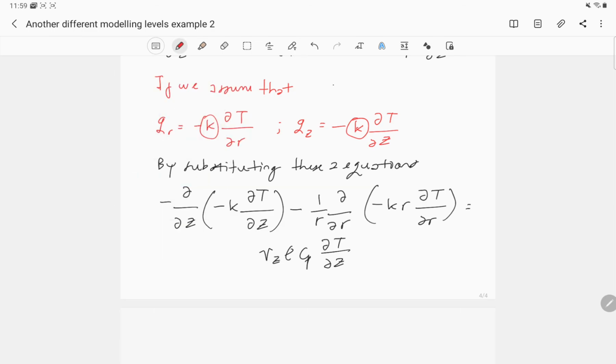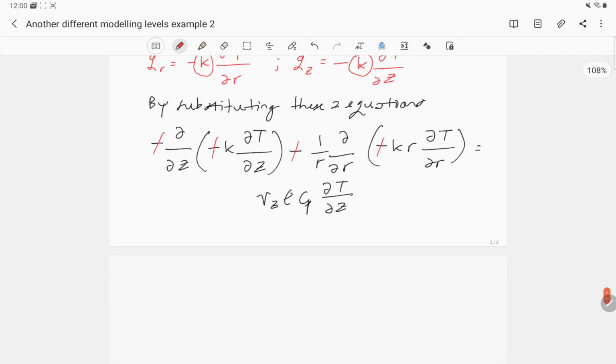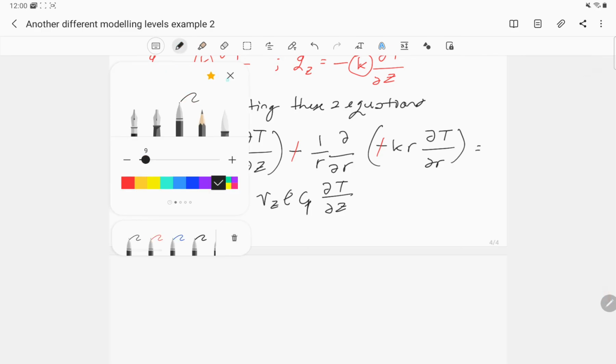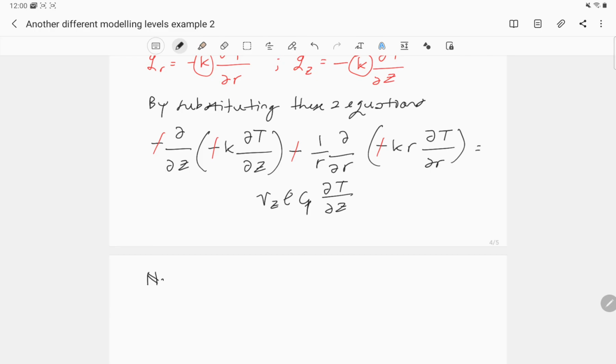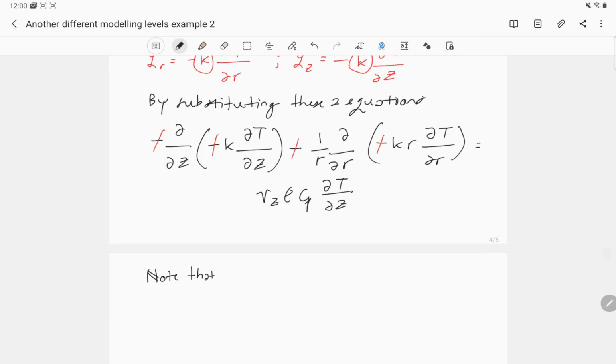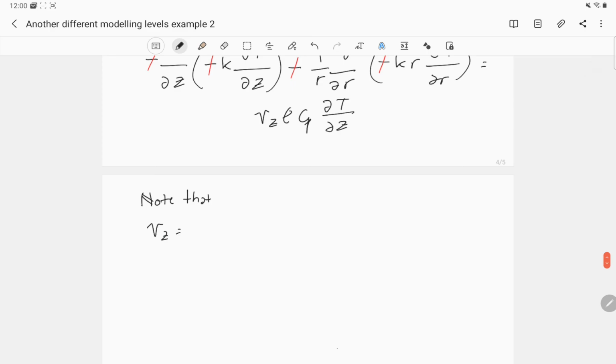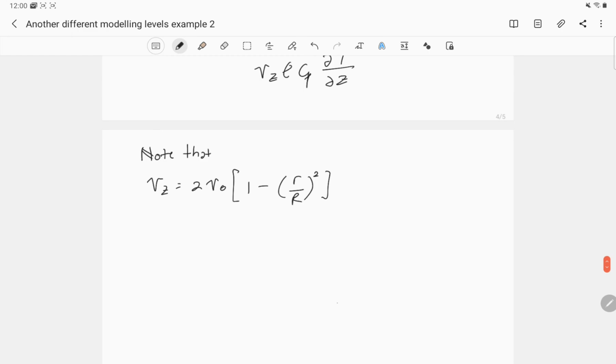Okay, in here we can cancel this negative with this negative, and they become positive. And then note that Vz in here is equal to 2 V naught times 1 minus r over capital R, and then r over R will be squared. Okay, then we will have this particular expression in here.